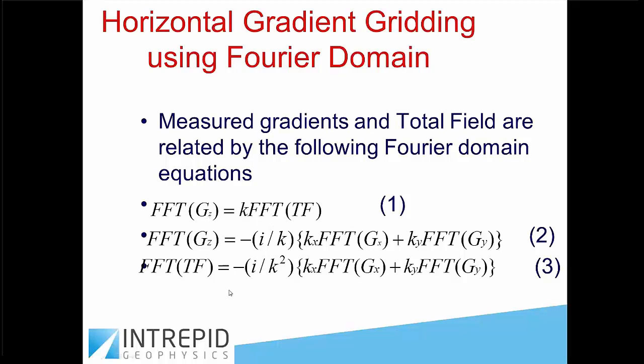And similarly, that same vertical component in the Fourier domain is an addition of the two horizontal components in the Fourier domain multiplied by the wave number in the x and y direction, and then a scaling factor of -1 over the total wave number.